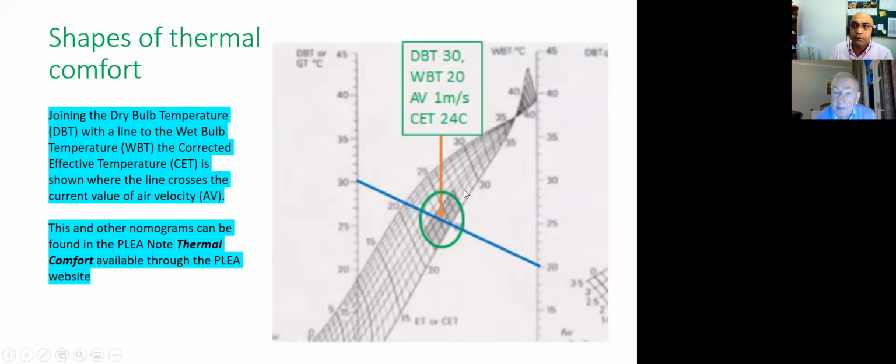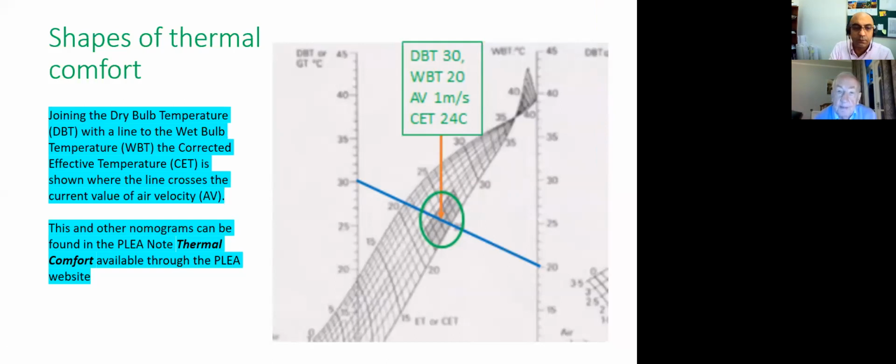We've got 1 meter per second. And what that means is that the CET, or the corrected effective temperature, is shown by where that intersects with the 1 meter per second line on the nomogram.